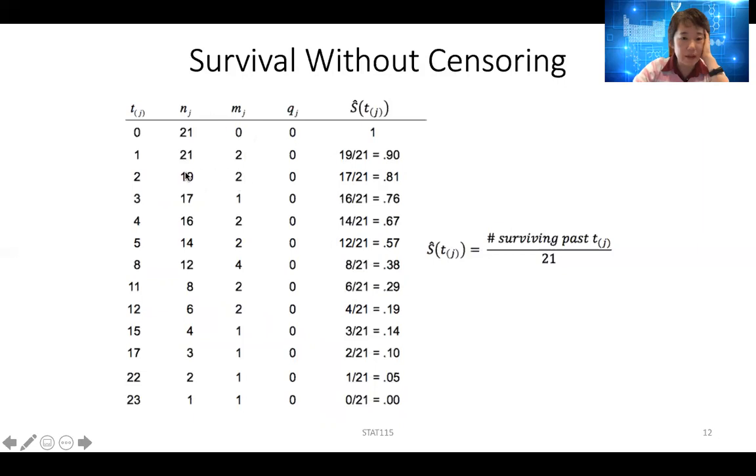If you don't worry about the censored data, you can see here, then 2 people died, then it's 81%, and then you have 17 people left, 1 person died, and so you can calculate this survival probability. It's the number of patients that passed a certain time point, divided by your total patients in the very beginning, right?